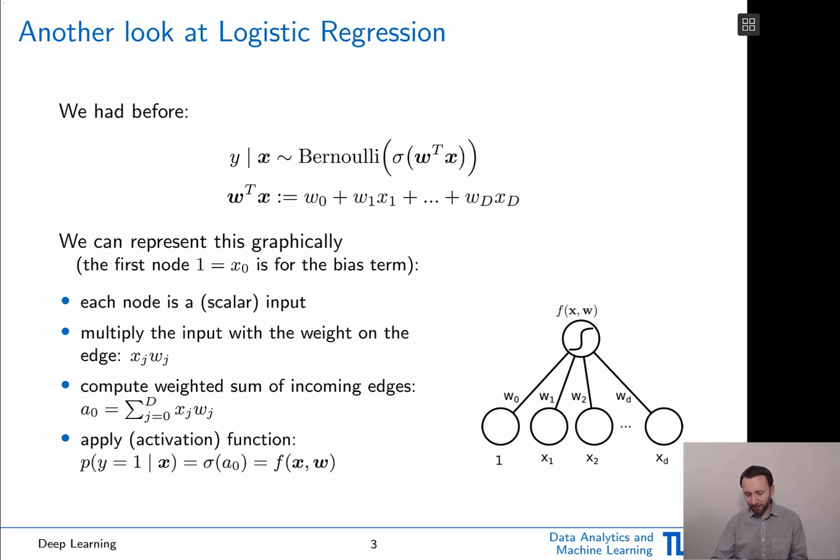And then finally at the end we apply this activation function, and then we have our prediction. This, and you will see this later, is also the illustration which many of you might have seen already in the neural network domain. This already corresponds to a very tiny neural network, as we discuss later. So this is the graphical representation of logistic regression.